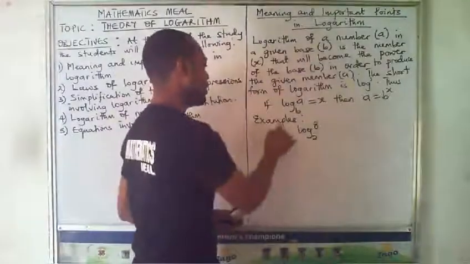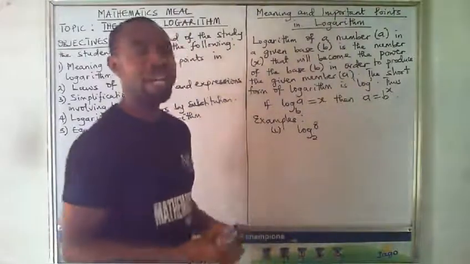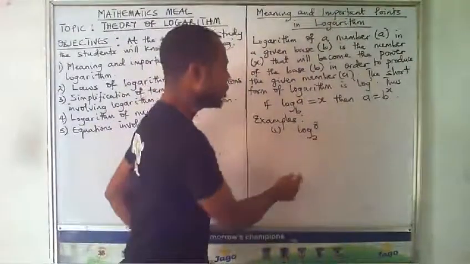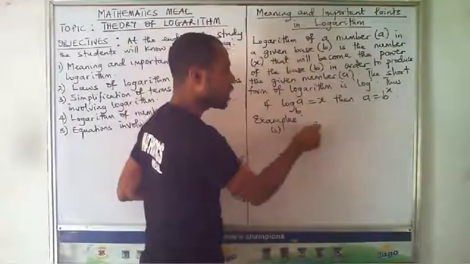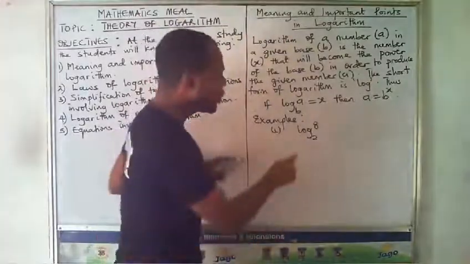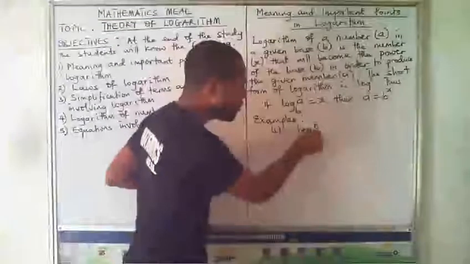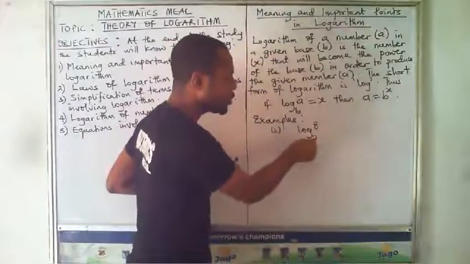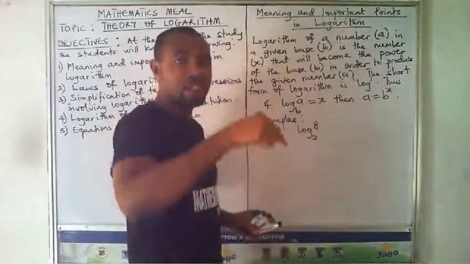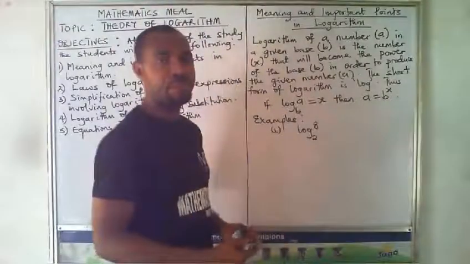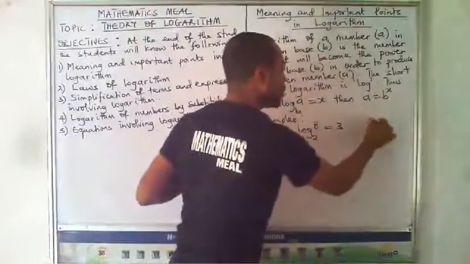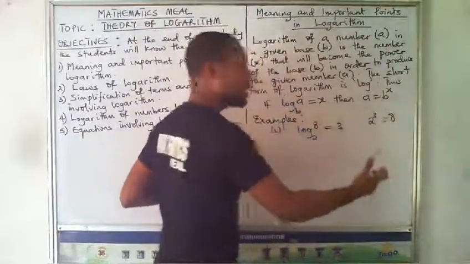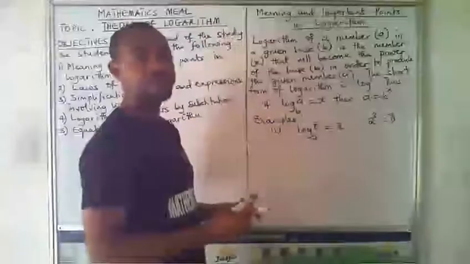What will be log 8 in base 2? It means what number will become the power of 2 so that I will form 8. That number is the logarithm of 8 in base 2, and it is going to be 3, because 2 raised to power 3 is 8. That's 2 times 2 times 2.